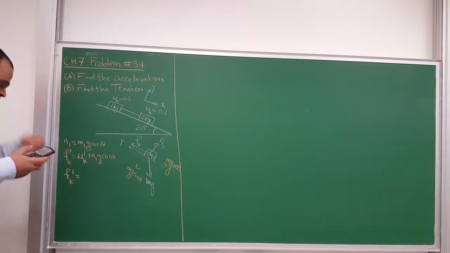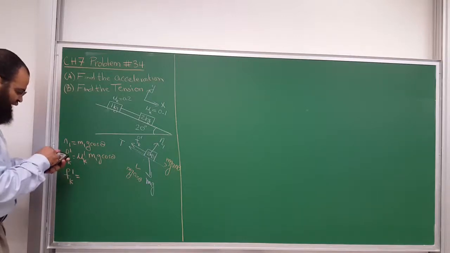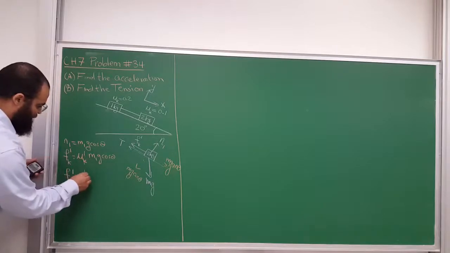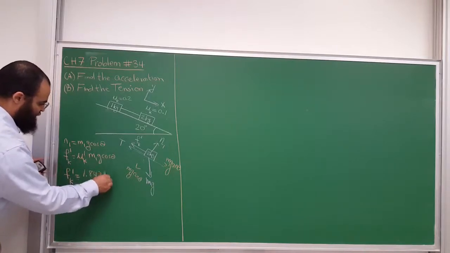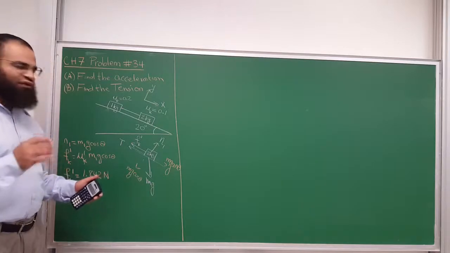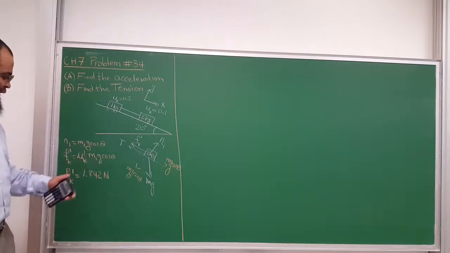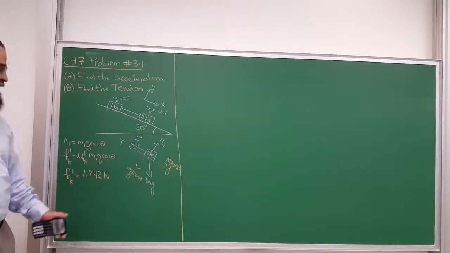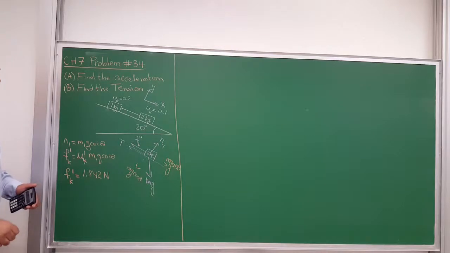Hopefully I don't make any mistakes. 1.842 newtons. If I make a mistake, I have to come back to it, all right? I'm doing these fresh. Again, the rationale is you see me struggle through the problems, through reading them and plugging in the numbers, and I think that's healthy. Okay, so that's that. Great.